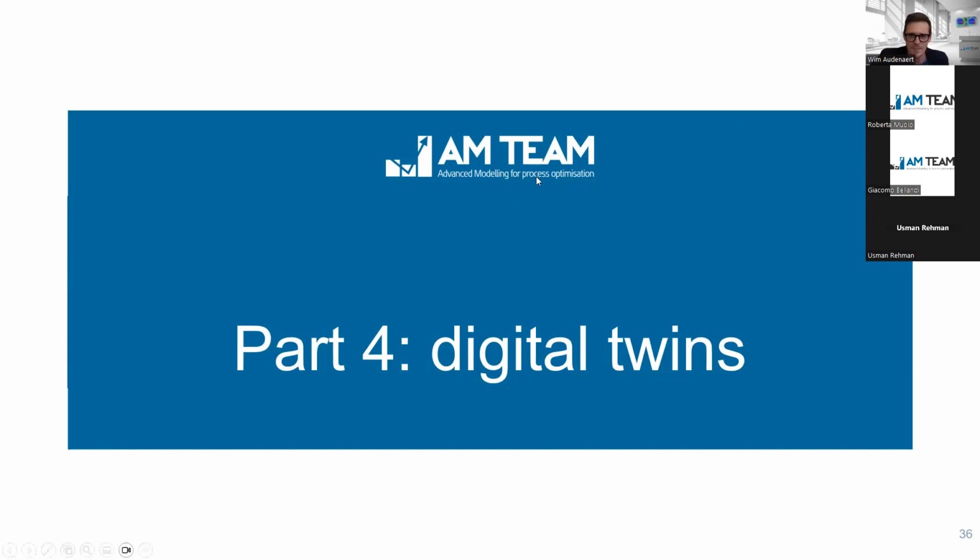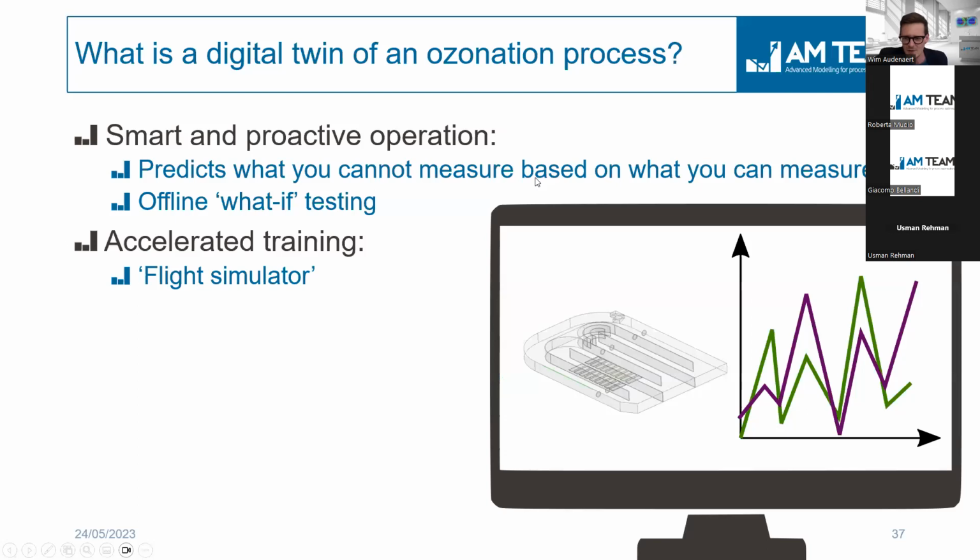I will shortly introduce this and then I will give the word to my colleague. So what is a digital twin of an ozonation process? To our understanding, how we typically define it, it's a bunch of mathematical equations. We don't care what they look like, but there is some magic in mathematics that gives you variables or insights you cannot measure, based on what you can measure.